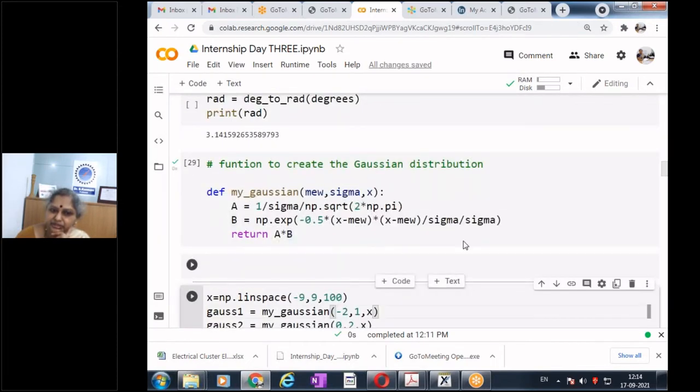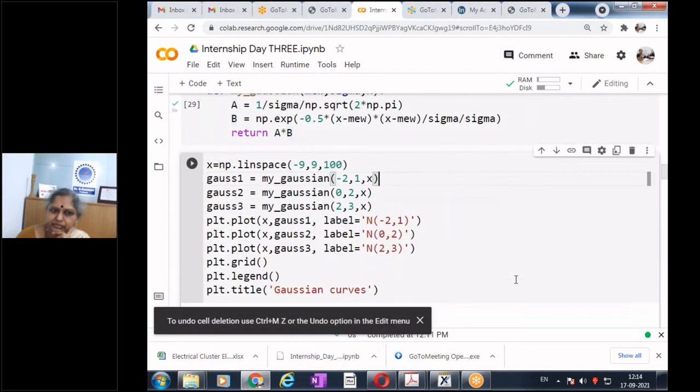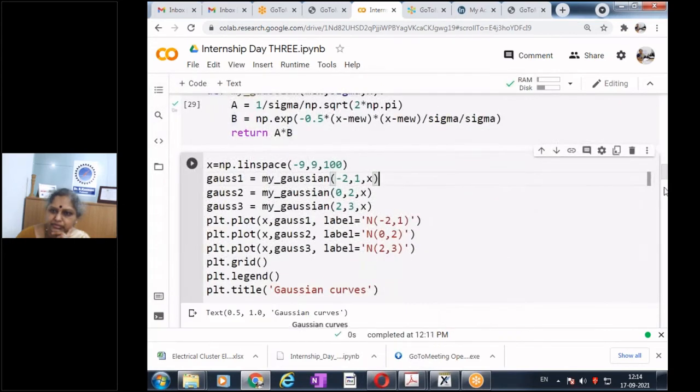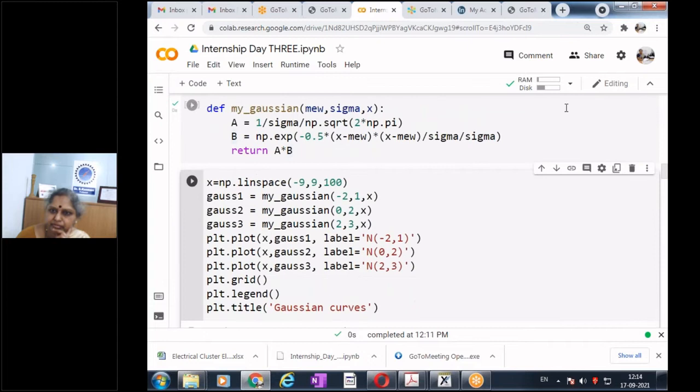This is what we had. Has anyone got the result? Did you get the three Gaussian curves?